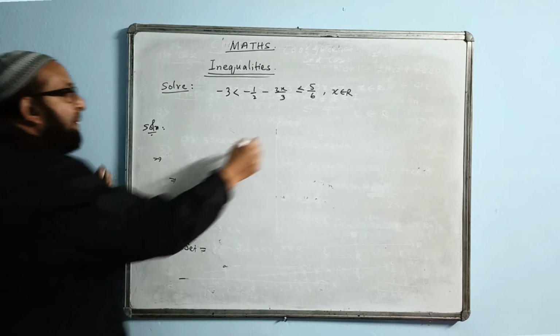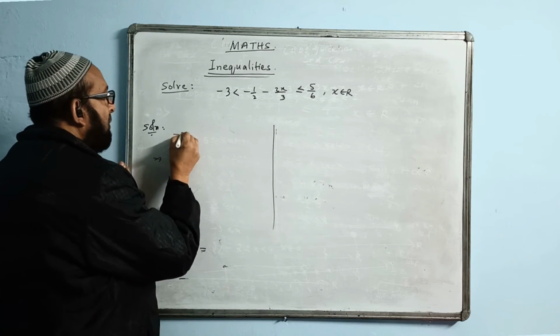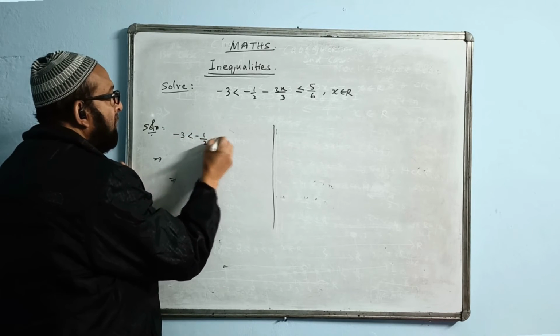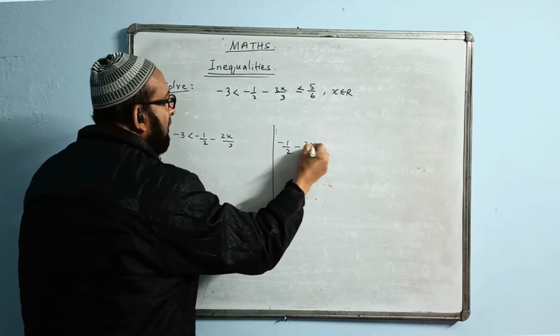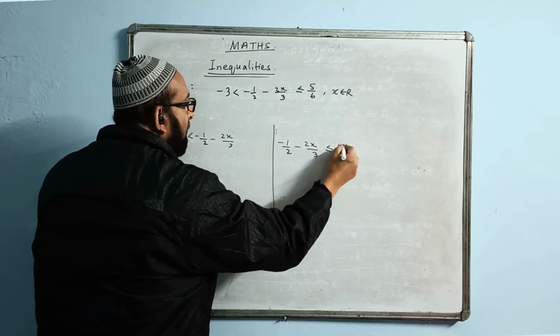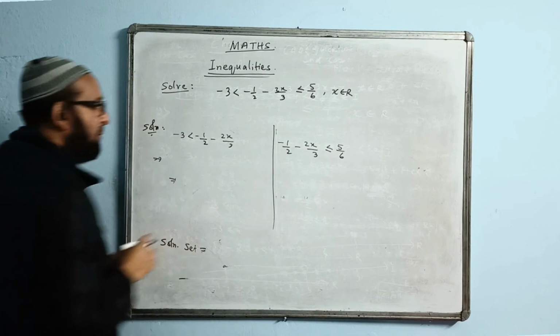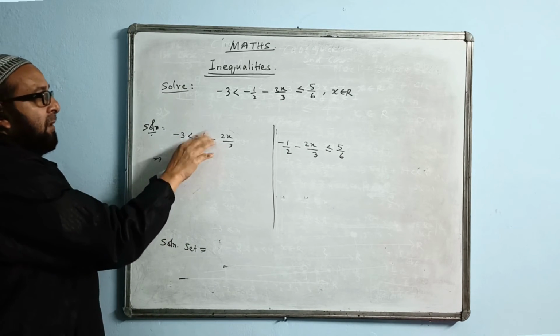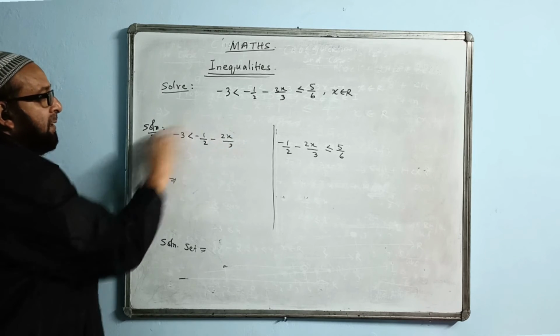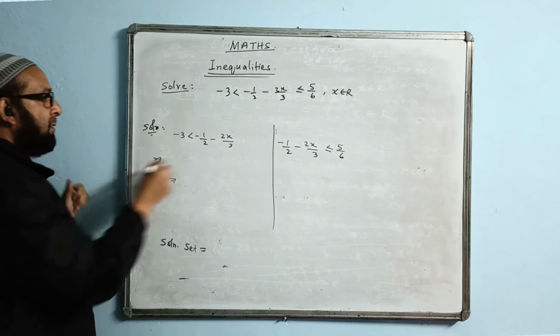Okay. Let us split it into two parts first. That minus 3 less than minus half minus 2x by 3. Other side, minus half minus 2x by 3 less than or equal to 5 by 6. We see x is only here, but if you keep it this side, it is negative. Bring it this side and minus 3 will go to the other side.